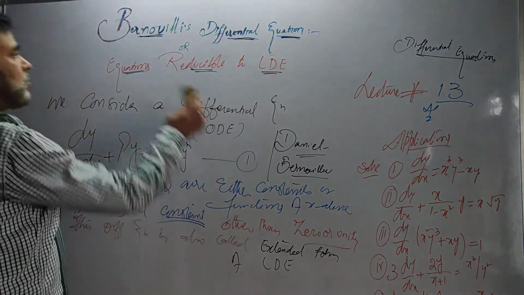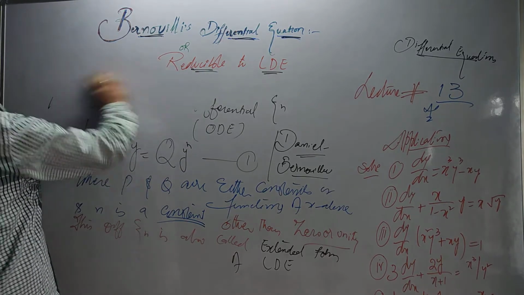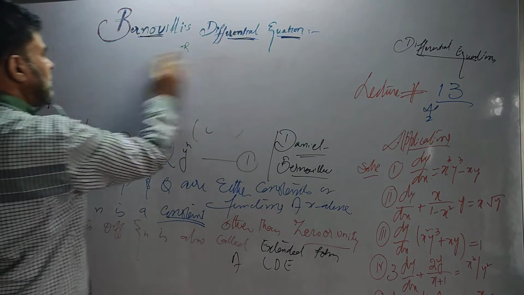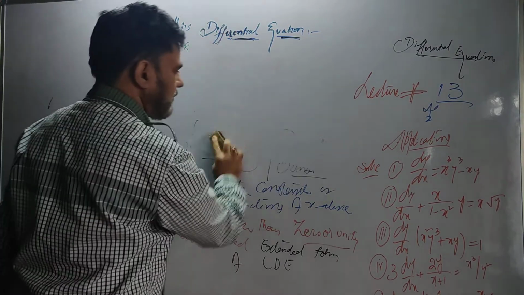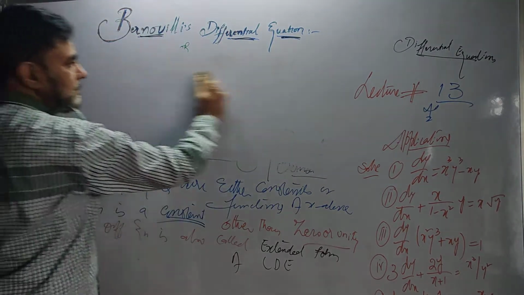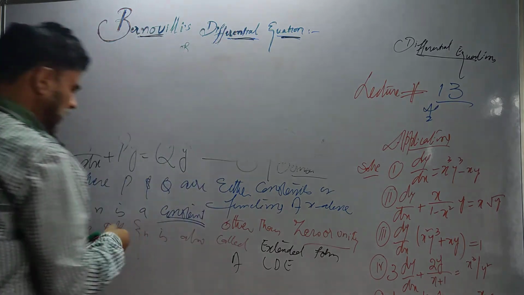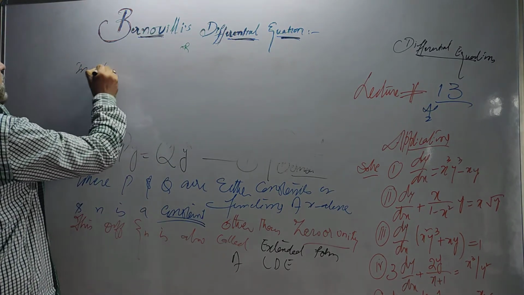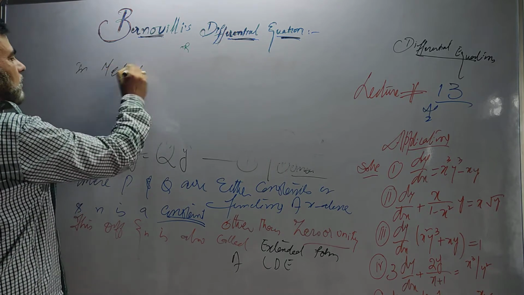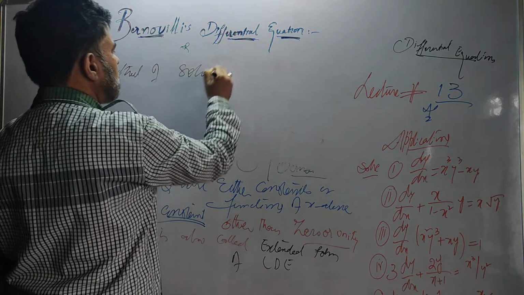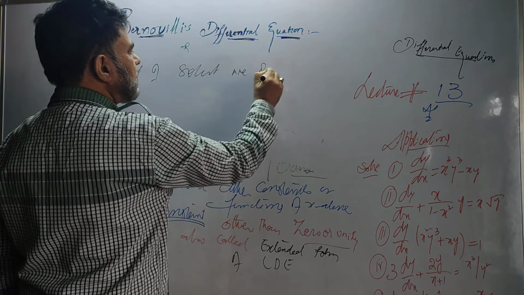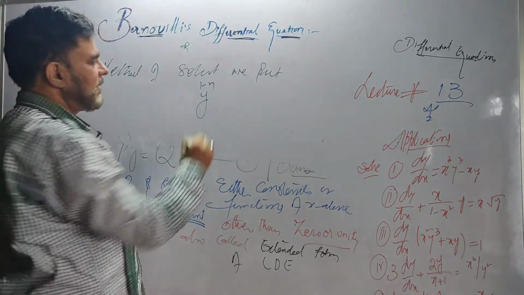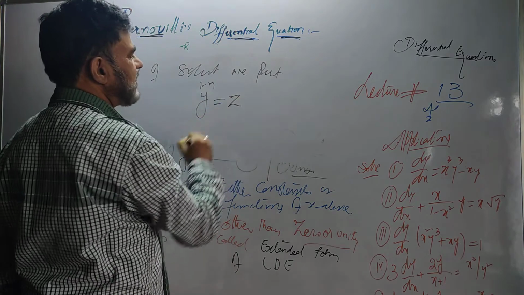In the method of solution, we put y raised to the power 1 minus n equal to a new variable, say z.